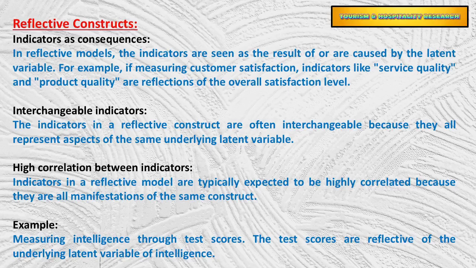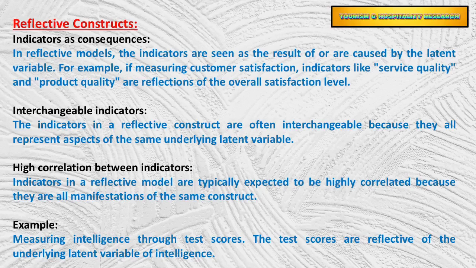Indicators as consequences. In reflective models, the indicators are seen as the result of, or are caused by, the latent variable. For example, if measuring customer satisfaction, indicators like service quality and product quality are reflections of the overall satisfaction level.